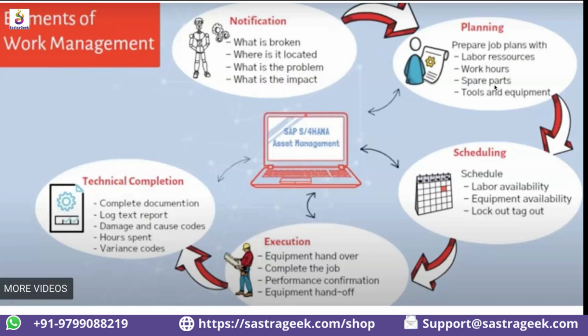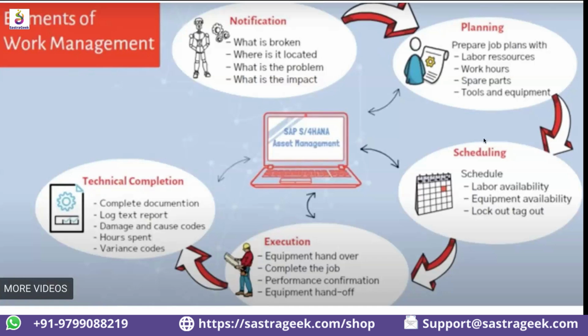What material will I need to repair the equipment? That spare part you will get from the warehouse, your inventory system. And then what tools or equipment are you going to need, like PRTs? You need a spanner, right? All that planning will be done there and assigned to the work orders.